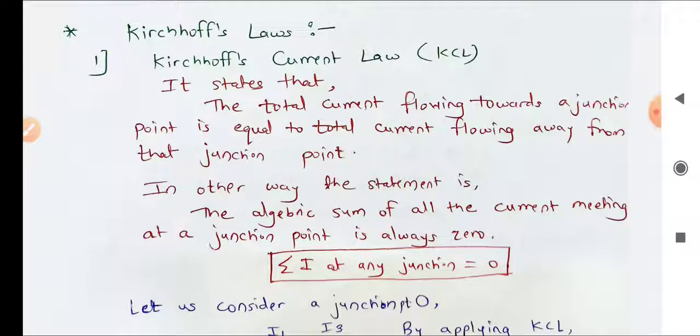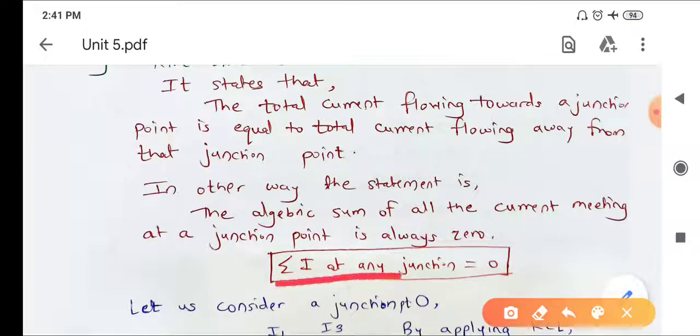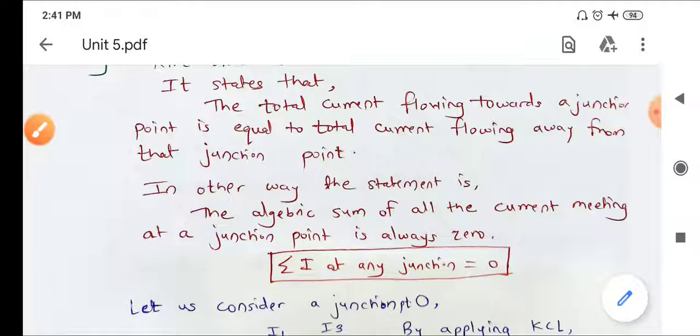Mathematically we can express it as the summation of the currents entering the junction is equal to the summation of the currents going away from the junction, or we can say the summation of I at any junction is equal to 0. So the algebraic sum of all the currents meeting at a junction point is always 0.